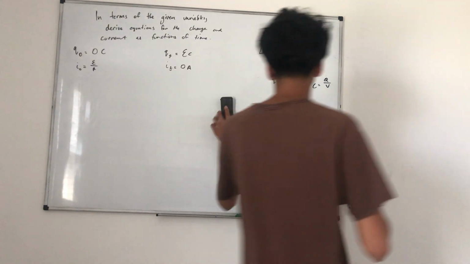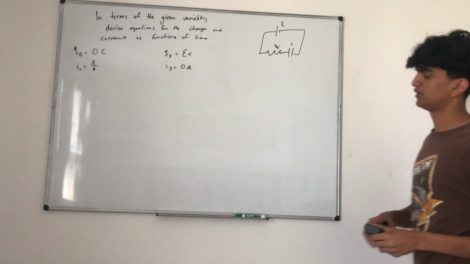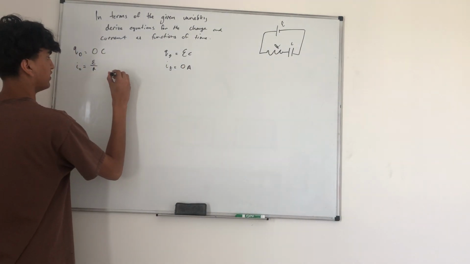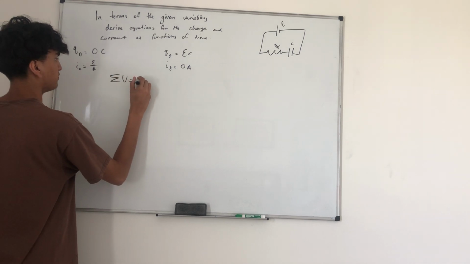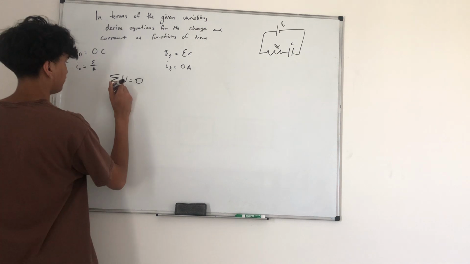We're going to use that Kirchhoff's law idea that the sum of all the voltages is going to equal 0. What are the voltages at play? Well, we have the EMF.